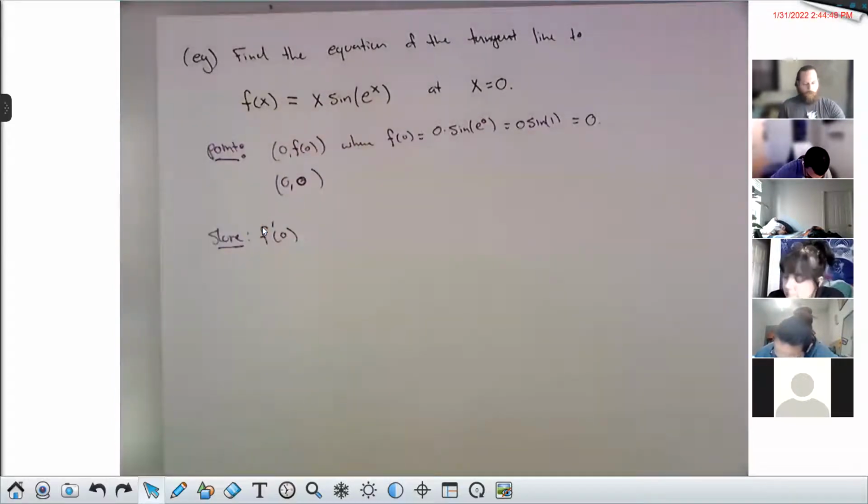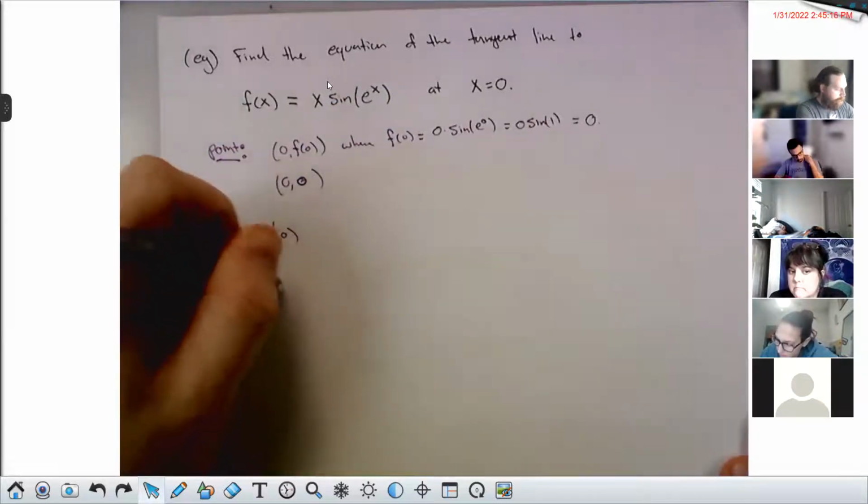So we need to cook up our derivative and then plug in 0 for x. The derivative of this function is going to require two rules applied together. This is a product, right? x times the sine of e to the x. And then the sine of e to the x is a composite function. That's like sine with e to the x plugged in.